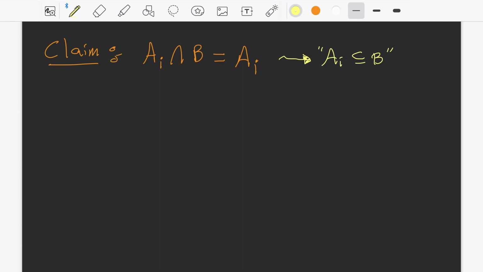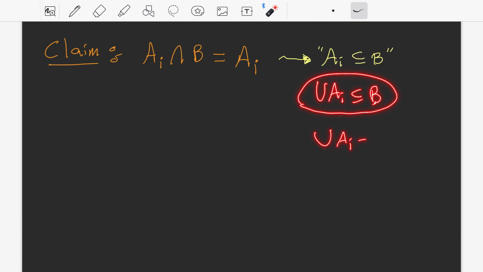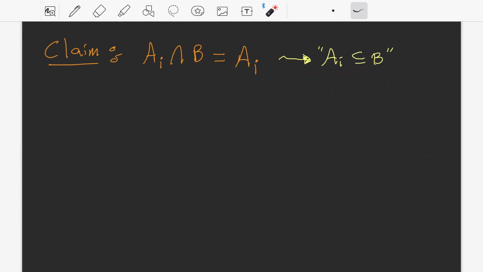So the common elements between B and A_i are exactly A_i, so everything in A_i will be in B. Of course, this will give me the contradiction that I'm looking for, because if every A_i is a subset of B, then the union of the A_i is a subset of B, which means I don't need to use C. That means C is empty, because the union will be exactly B, and C is not there, so C must be empty, which is the contradiction I'm looking for.